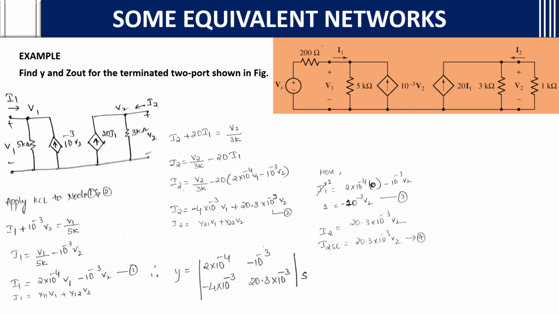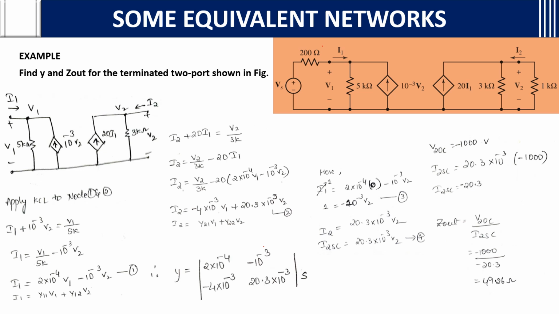Then I2, since V1 will be 0. Why? Because we want V2 open circuit and I2 short circuited, so V1 will be equal to 0. You will get 20.3 into 10 power minus 3 V2. I2 SC equals 20.3 into 10 power minus 3 V2.